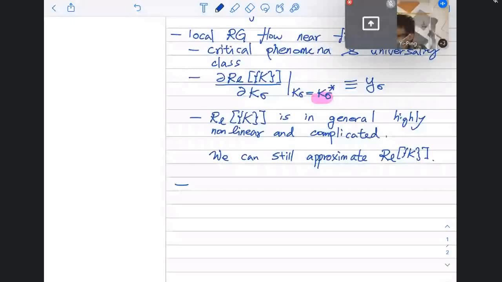The other important information that we have discussed is about the global renormalization group flow. It provides you the structure of your phase diagram, because the ultimate destination of the RG flow is to flow to a stable fixed point.